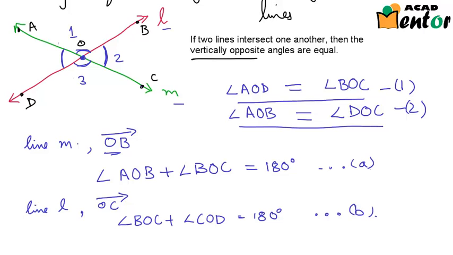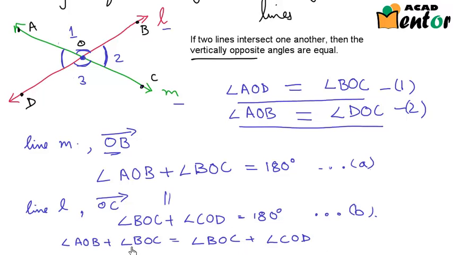If you look at the right hand sides of both these equations, equation A and equation B, we see that both of them are equal to 180 degrees. Hence, we can just equate the left hand sides. So that would give us angle AOB plus angle BOC equal to angle BOC plus angle COD, right?